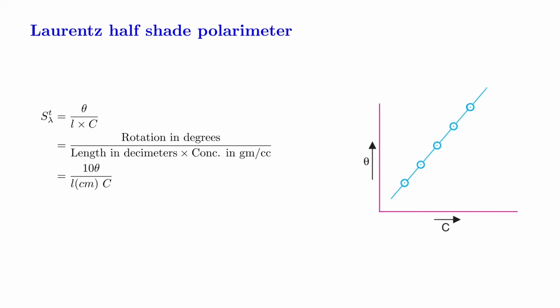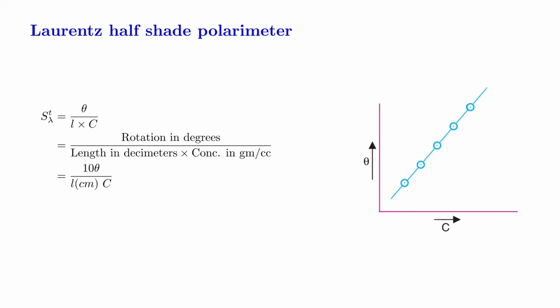So this equation can be written as 10 times theta over L, where L is expressed in centimeter, and the concentration in gram per cc. By performing the experiment, we'll find out the rotation angle theta. We have the values of L and C, and substituting in this equation, we can find the specific rotation of the liquid.